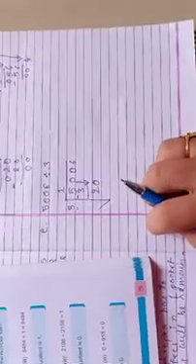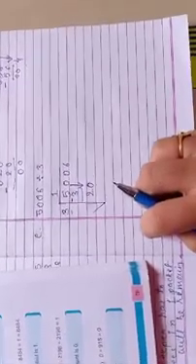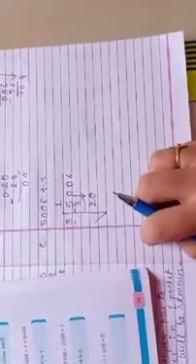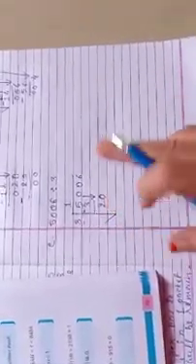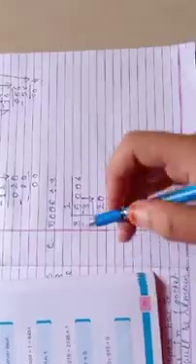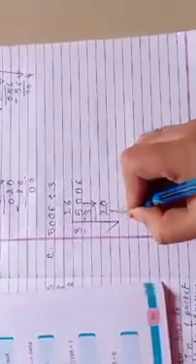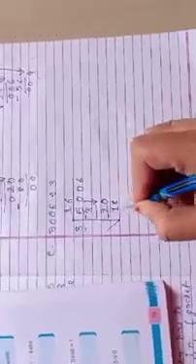3 twos are 6, 3 threes are 9, 3 fours are 12, 3 fives are 15, 3 sixes are 18, 3 sevens are 21. So you can see that 3 sevens are 21 and 21 is larger than 20. So we have to take the smaller number, that is 3 sixes are 18.